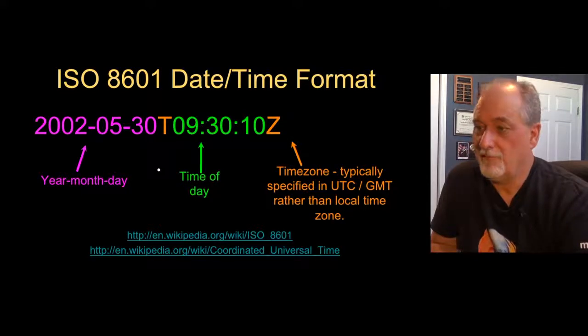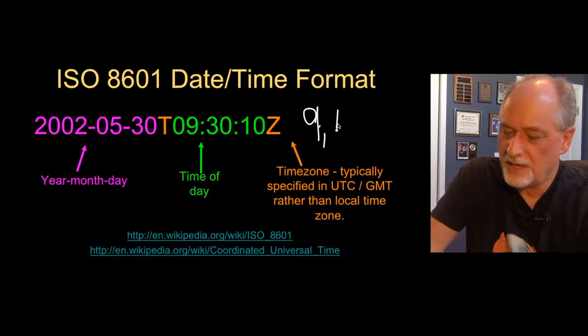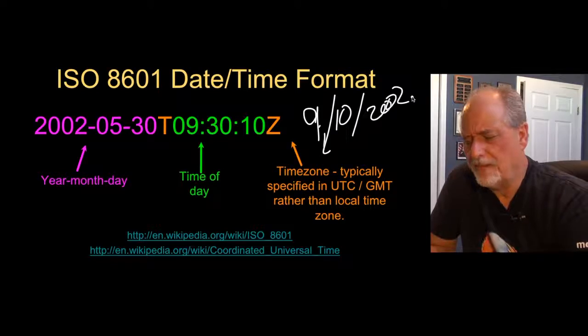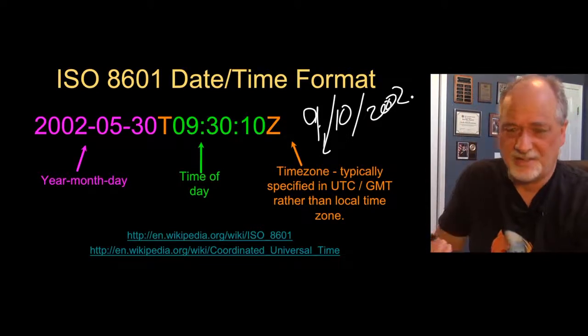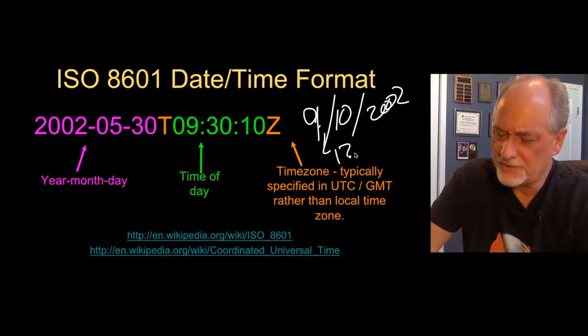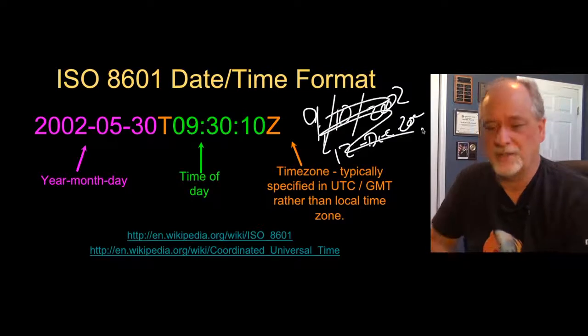So dates are kind of interesting. Again, we have lots of different formats of dates. 9/10/2002, right? That's a format of a date, but that's one. There's another format of the date, which is 12 December 2000, whatever. And so this is how people show dates.